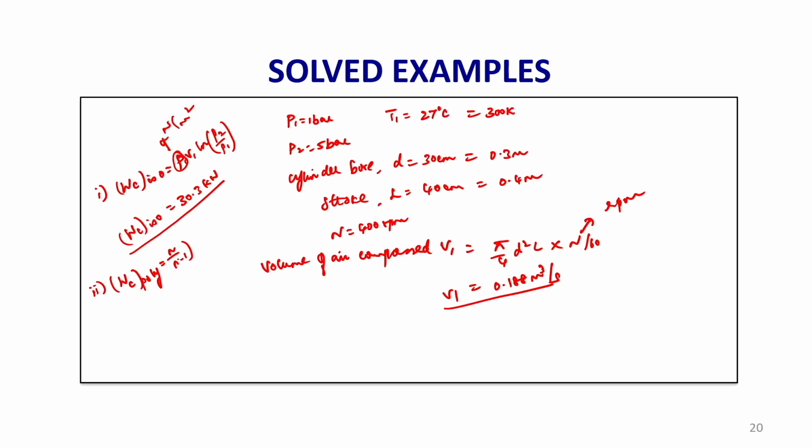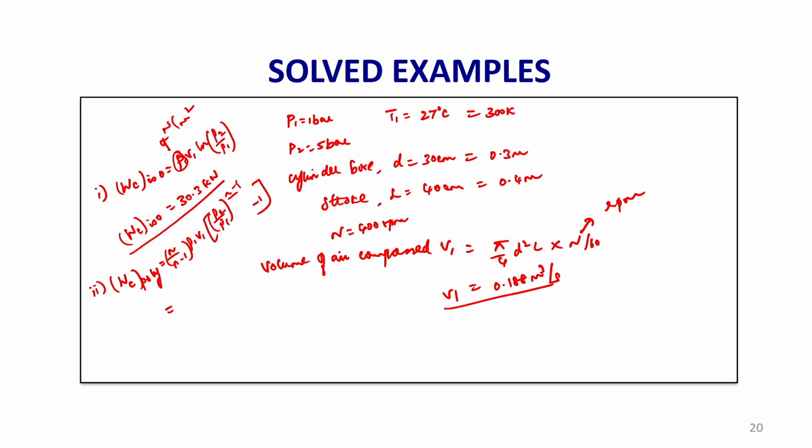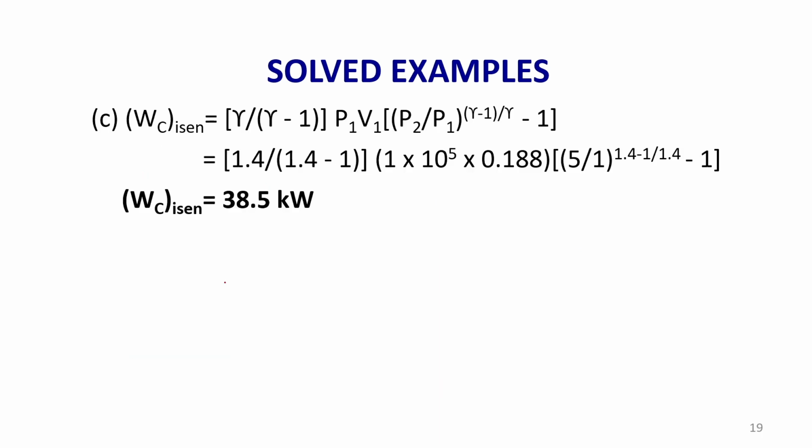You get the work done during the polytropic process, which is more than the isothermal process work done, 36.7 kilowatt. Here n is equal to 1.3. If you substitute n equal to 1.4, n becomes gamma.